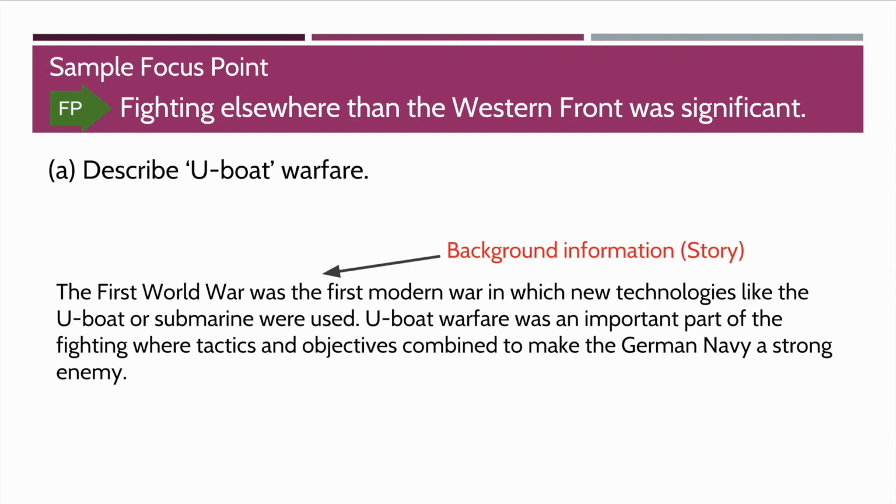U-boat warfare was an important part of the fighting where tactics and objectives combined to make the German Navy a strong enemy. Now, this of course is our topic sentence and our focus. And notice that I have used tactics and objectives as a part of this topic sentence, just like the way that I organized information.